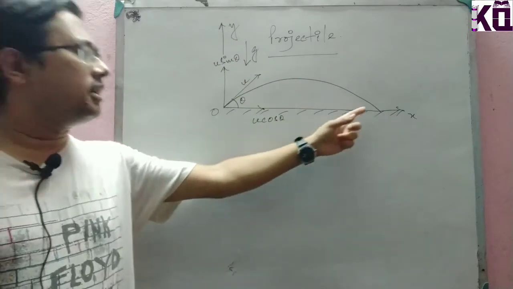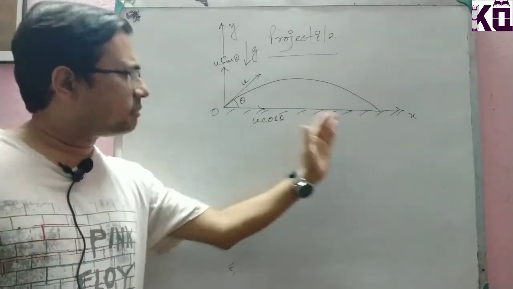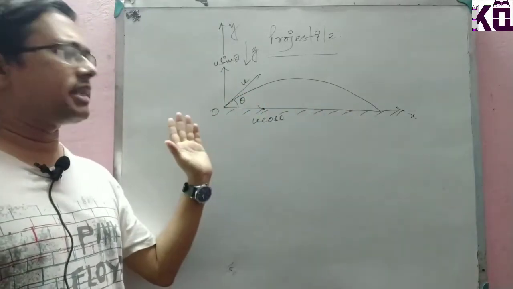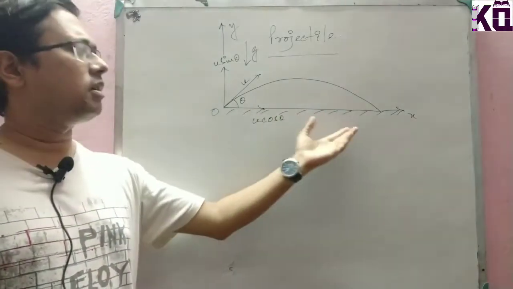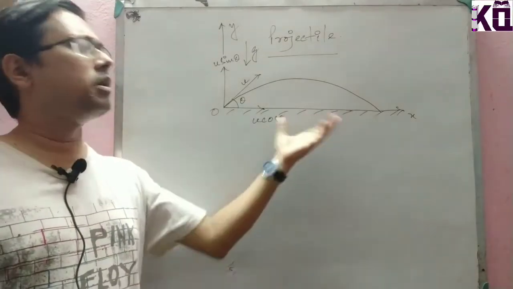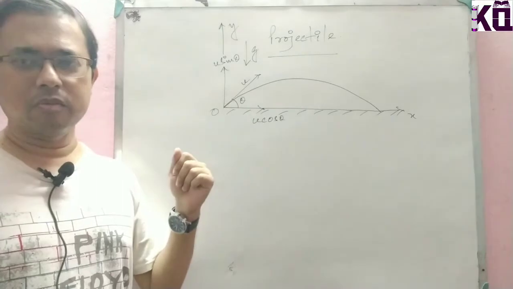But in the horizontal x direction, there should not be any retardation or acceleration on the body, because no force is acting on the body which opposes its motion in x direction.